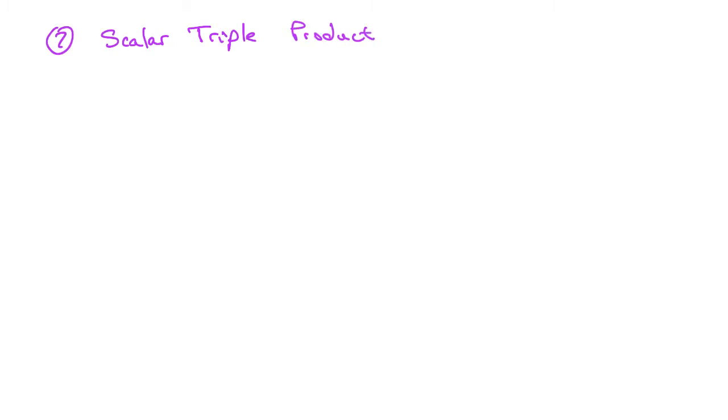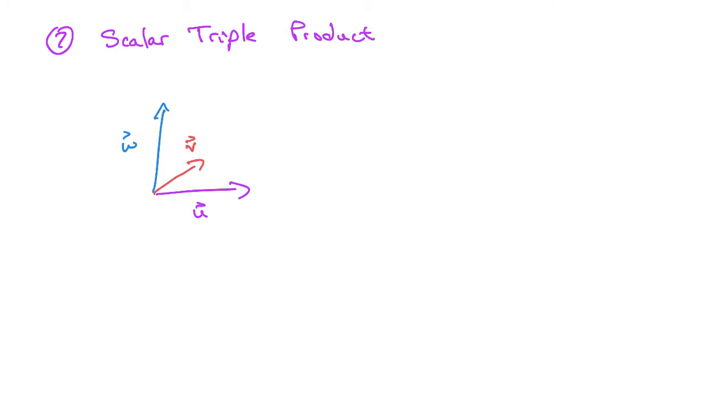Now, the setup for this one is, suppose we have three vectors. We have a vector u, and then we have a vector v that's headed off in this direction, and finally we have another vector w that's headed off in that direction.